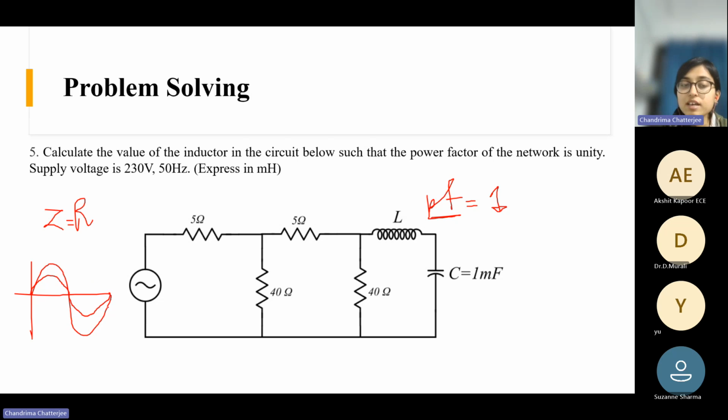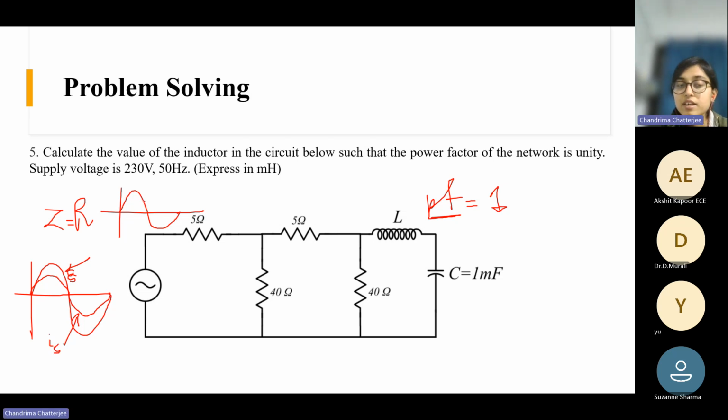But if it is an inductive load, suppose a mixture of resistance and inductance, then this is your supply voltage Vs, and this is Is, the supply current.